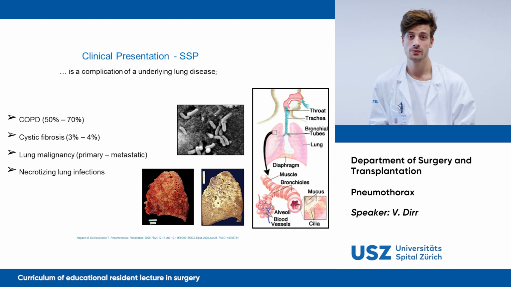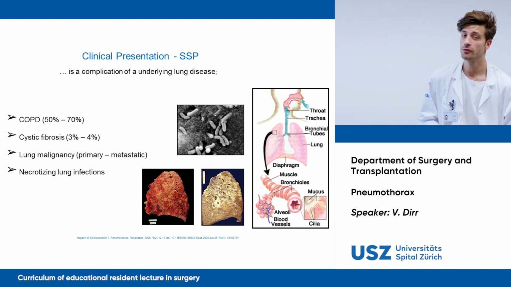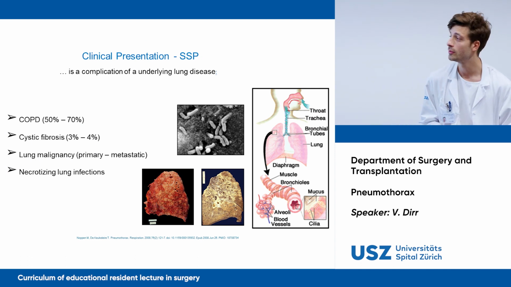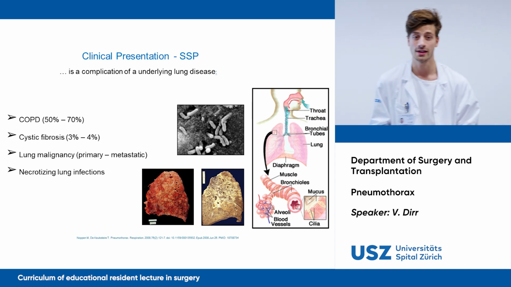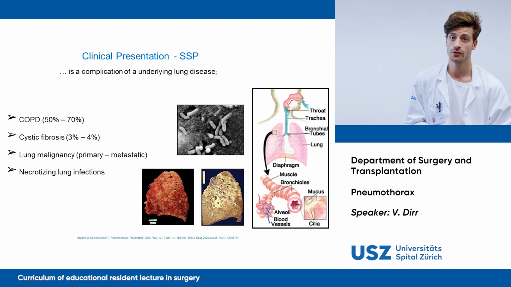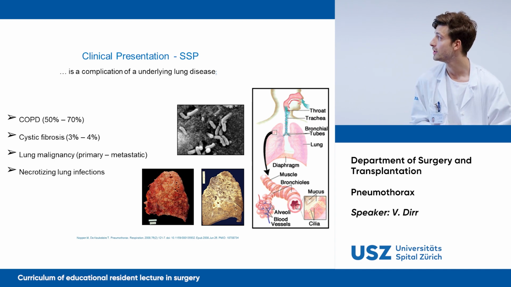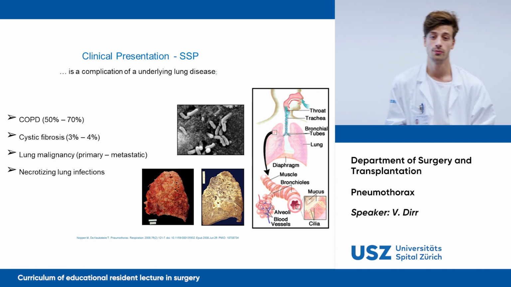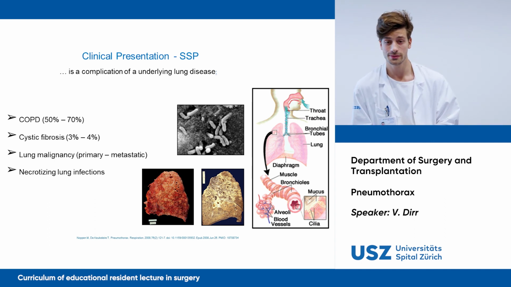So a secondary spontaneous pneumothorax, as I told you before, is a complication of an underlying pulmonary disease. And mostly it's COPD, in around 50 to 70% of the cases. The pathogenesis is a rupture of subpleural blebs or bullae. These are small air-containing spaces, and due to the weakened lung tissue, they can rupture easily. In 4 to 3% of the cases, it's cystic fibrosis, and there it's a rupture of cysts.